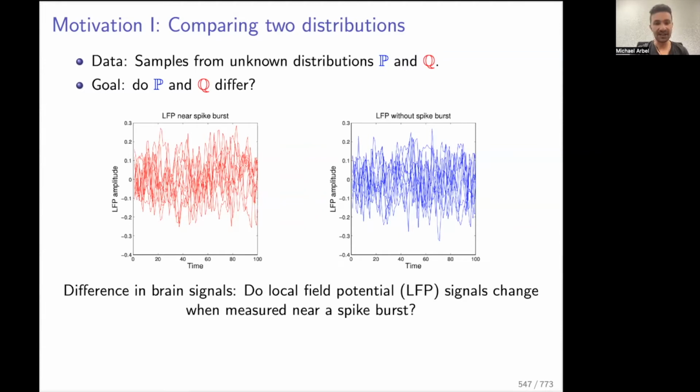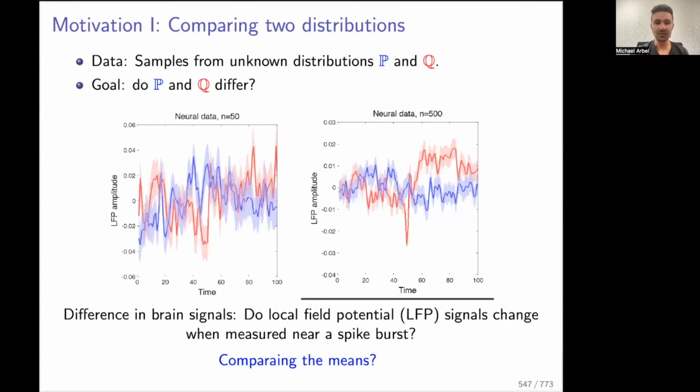What we observe is that the time series that we collect have a lot of variability, and it's really hard to tell by sight how these distributions are similar or different to each other. One approach we could take is to average these time series at each time step, to see whether there is a difference between the two distributions P and Q. But this can still be a not so satisfying answer because, first, there is a lot of variability.